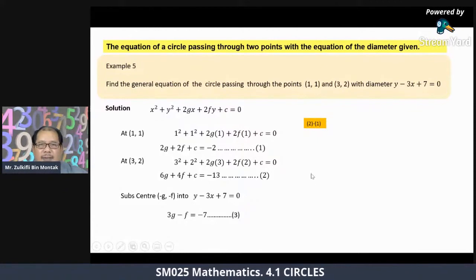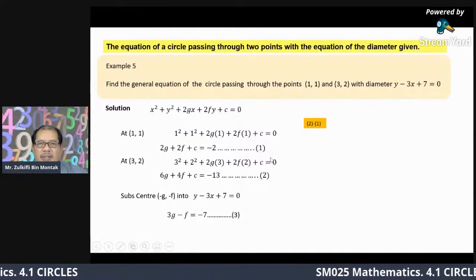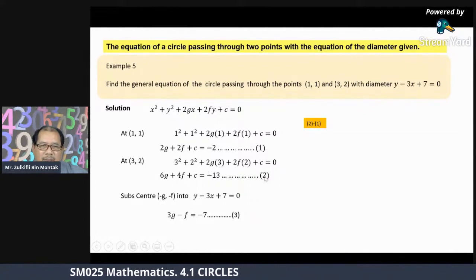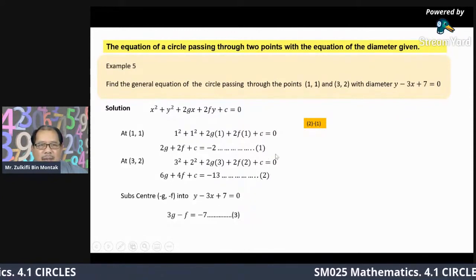Okay, first I subtract equation number 2 and equation number 1 in order to eliminate the C value. I eliminate C. That means equation number 2 subtract equation number 1.